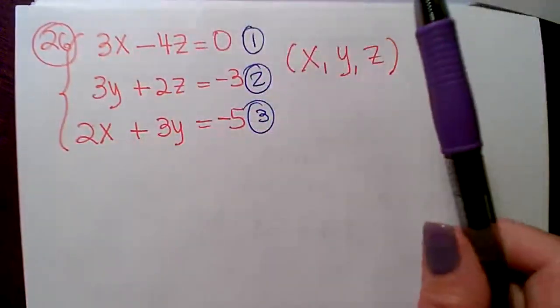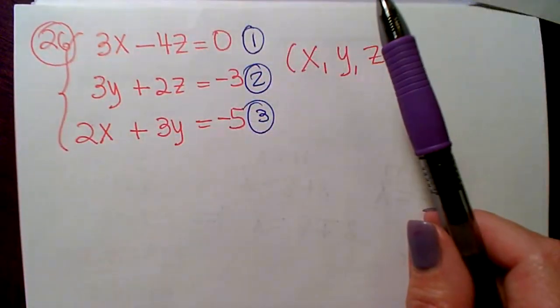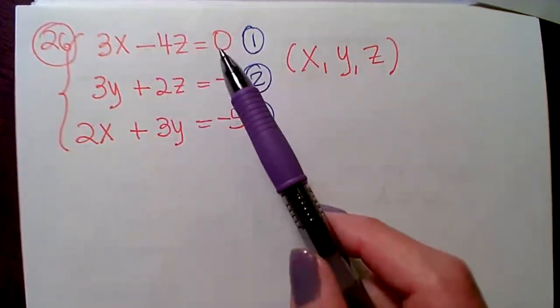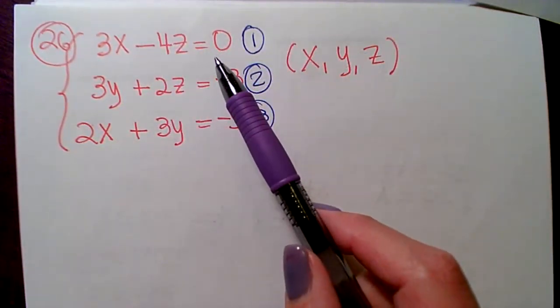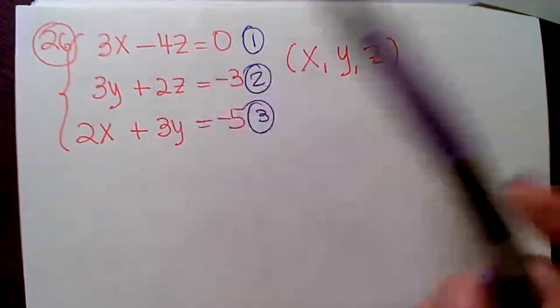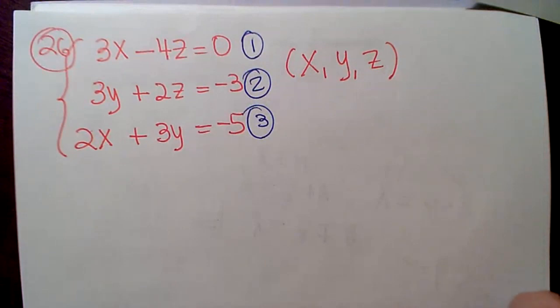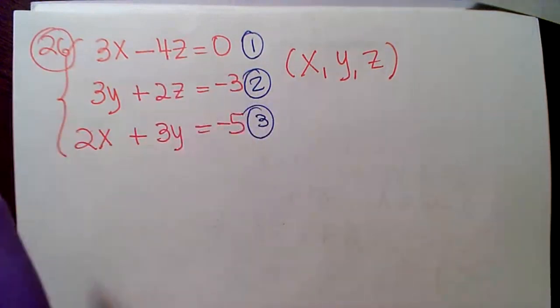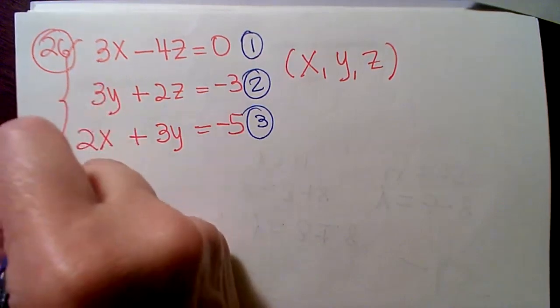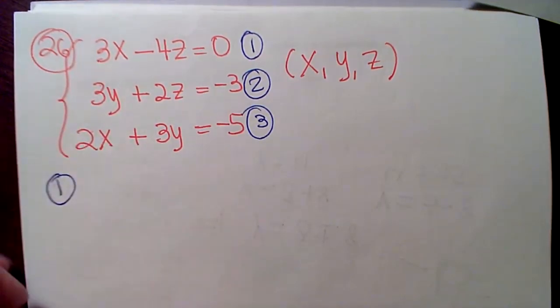I could do that. Or I could take those two and eliminate the z. Either way is going to work. I want to do it a little bit different from the first one so you guys know that it works.